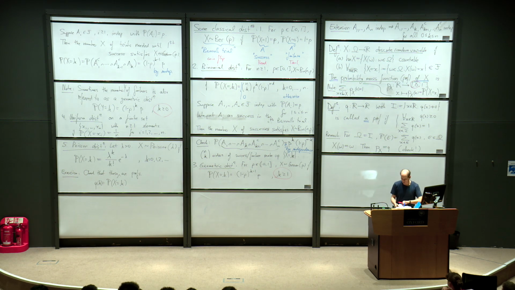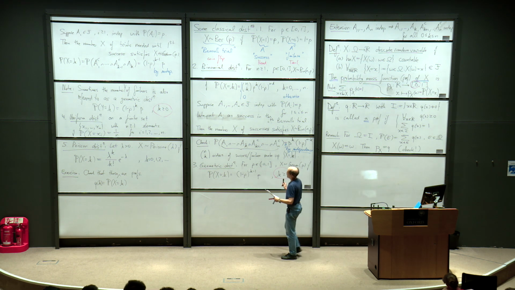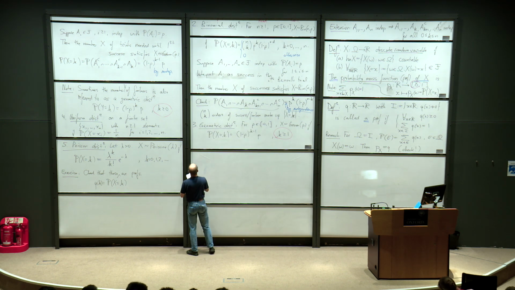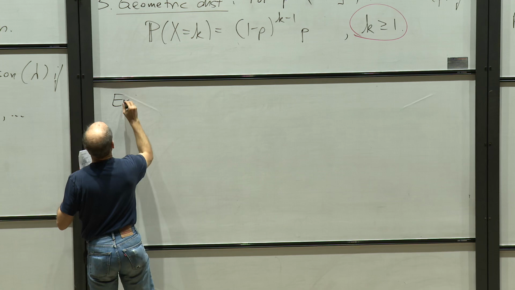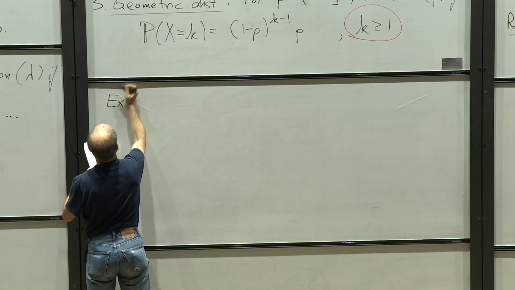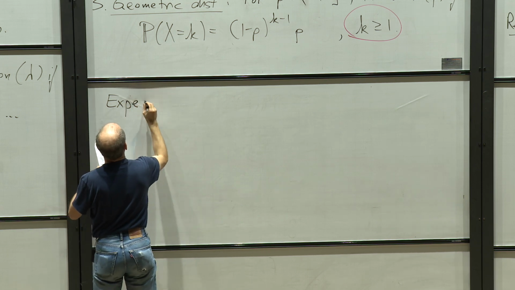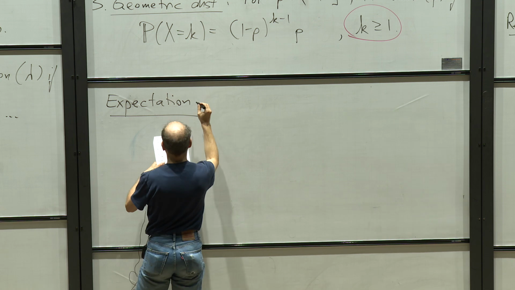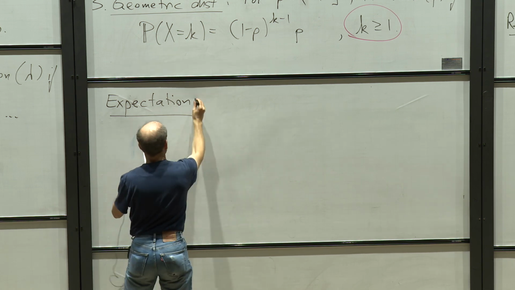Okay, so what can we do with random variables? Let's get started on the notion of expectation. Random variables produce, as we like to think, random numbers, and we may want to know how big is a random number on average.